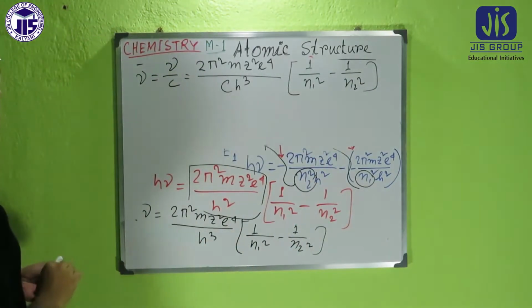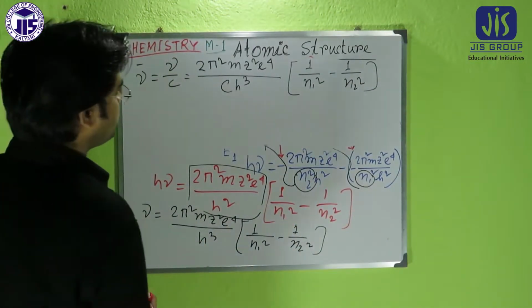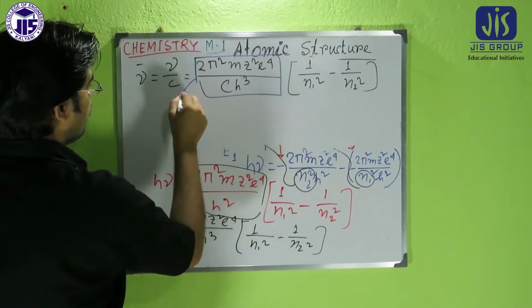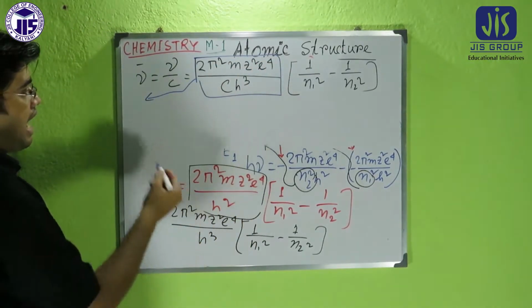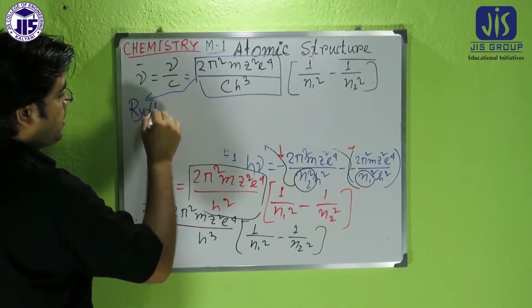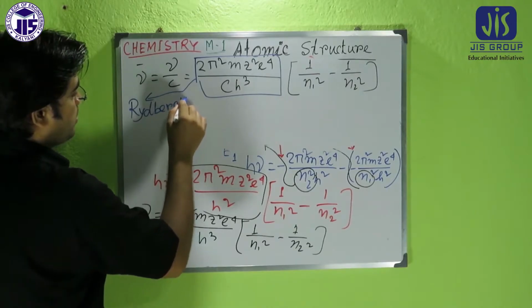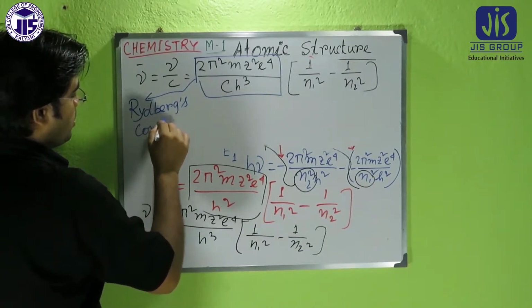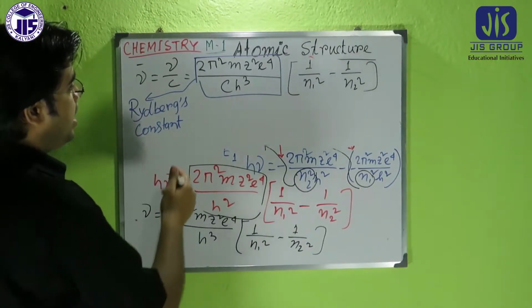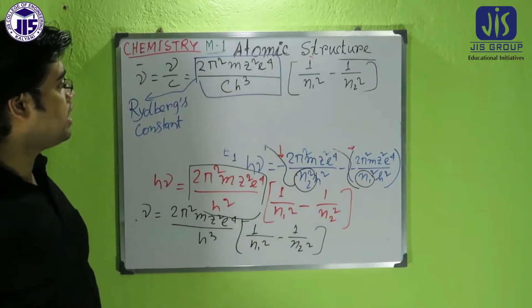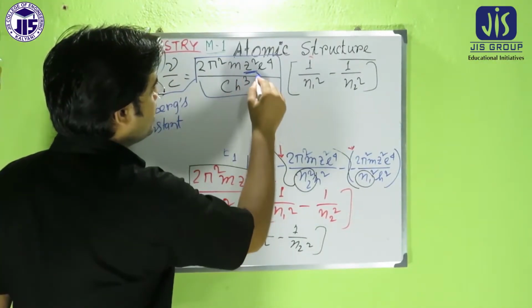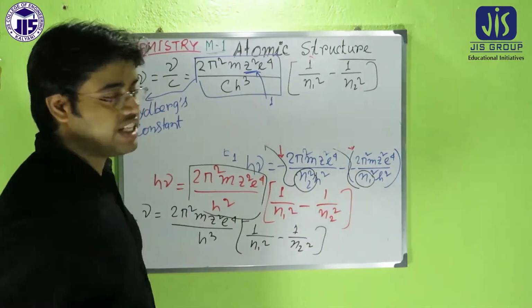Now look here, in that equation, 2 pi square m z square e to the power 4 by c h cube is a constant, and that constant is called the Rydberg constant. In that Rydberg constant, if you take the equation for the hydrogen atom, then what happens to the z value? Z equals 1.